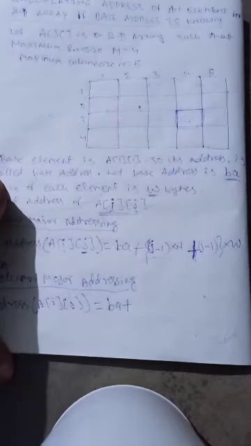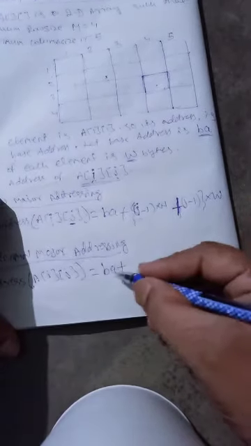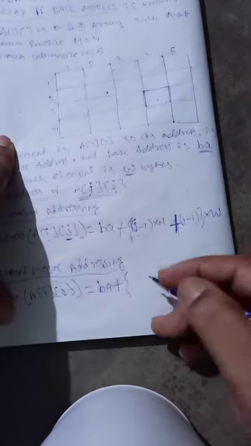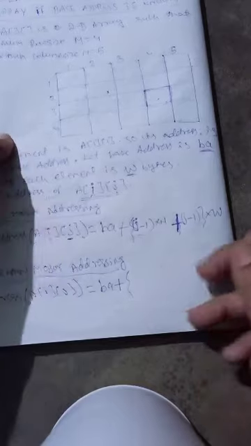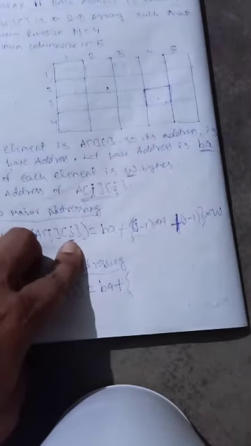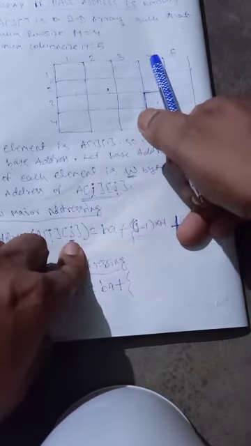Okay. Now what will be the formula? I have to find out how many cells there are, 14. So how do we find that 14? Base address plus. Now column by column, we have to find out the column number. My column number is J, and J means my column number is 4. So before that, how many columns are completed? 1, 2, 3.